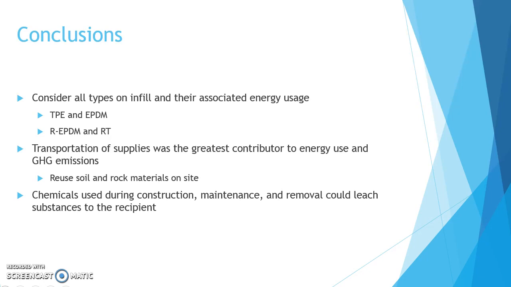They also concluded that chemicals used during construction, such as the glue, the paint, and different chemicals or metals that could be found in the recycled materials, could leach substances to the recipient. Those recipients would be neighboring communities, water sources, animals, anything in that immediate surrounding environment.